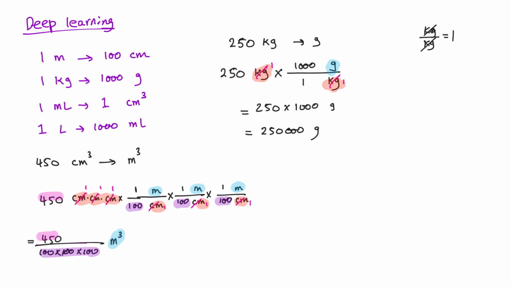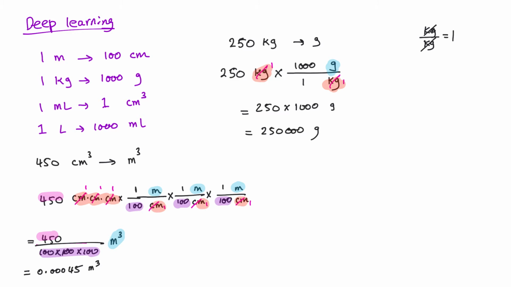And that's what I get. So to write my final answer, I'm going to write it as 450 divided by a million, because 100 times 100 times 100 in the denominator will be a million. And I get 0.0045 cubic meters, and that's my final conversion.